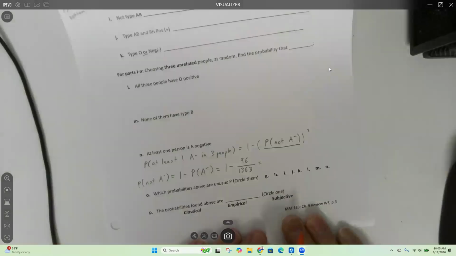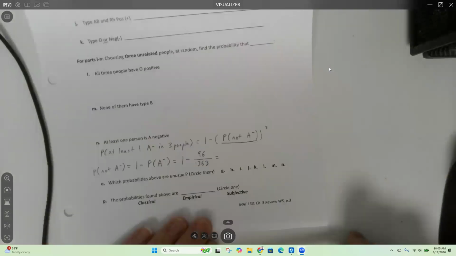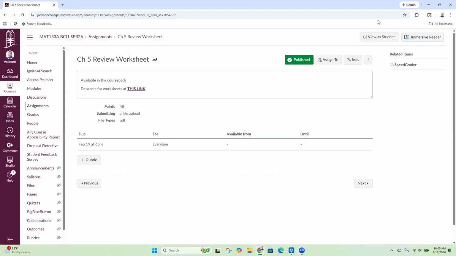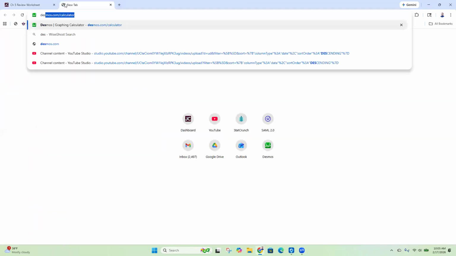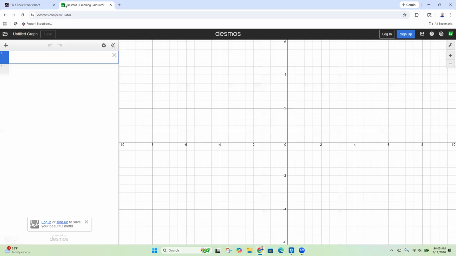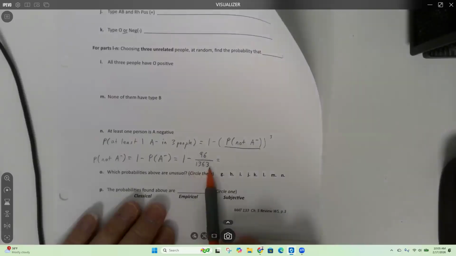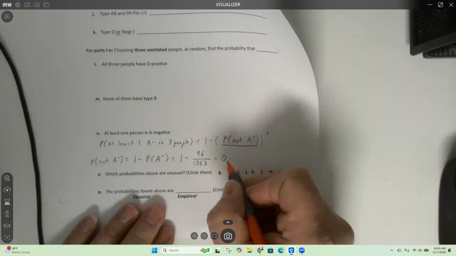All right, let's calculate that in our calculator. Someone want to do that in decimals for me? I don't have it open. Somebody do this for me: 1 minus 96 over 1363. Don't need any parentheses around anything. It's 0 point something, right?